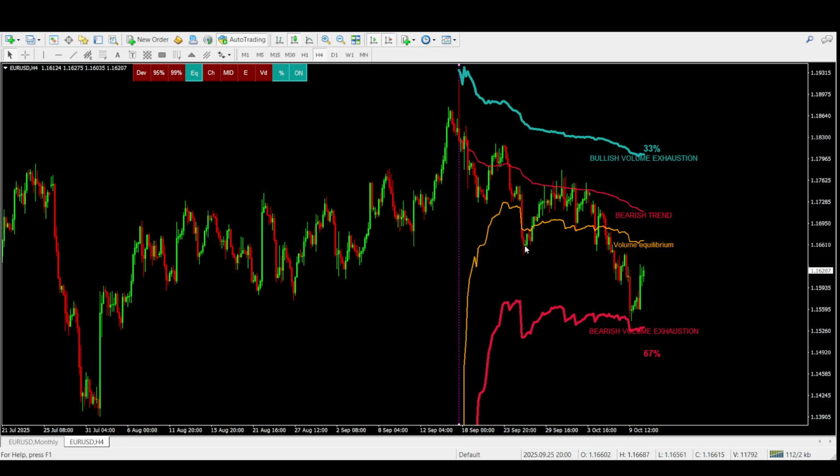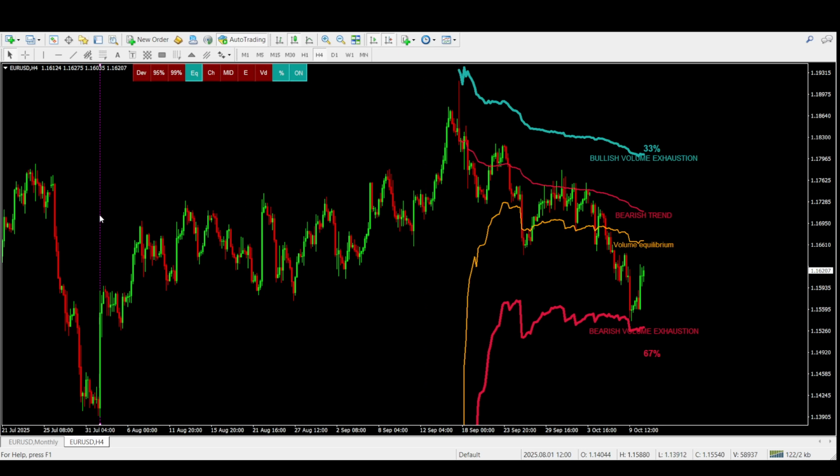The most important thing here is that after the break of the volume equilibrium, the market corrected to the trend line. After that dropped again. Look here what happened. Dropped again. This is a second signal that the market is quite powerful and can go down again. Check and drop to the bearish volume exhaustion.